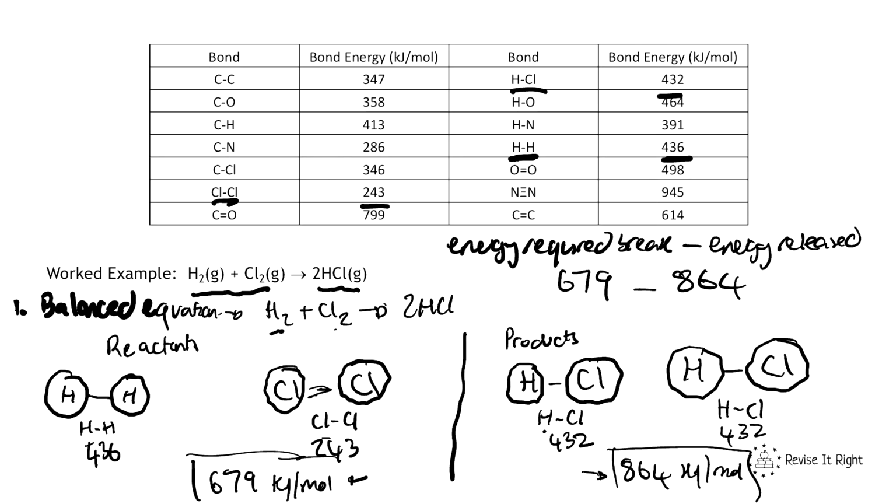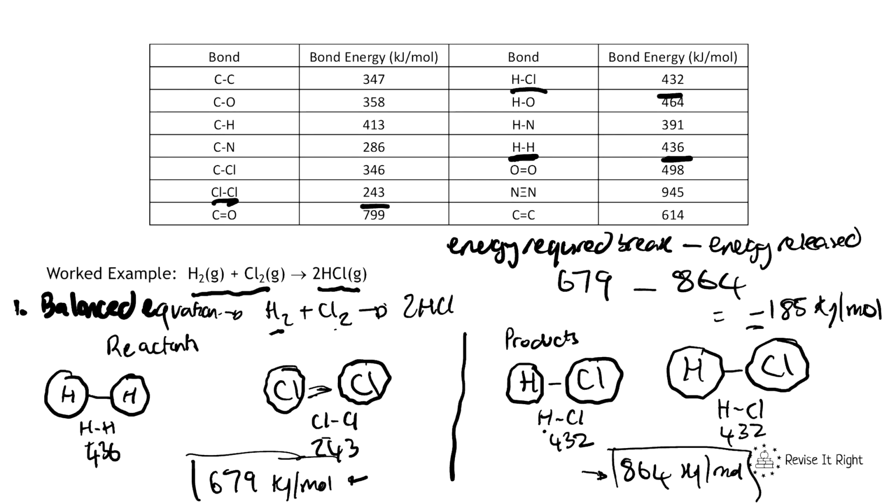So all you have to do is put that into a calculator, 679 minus 864, and you get minus 185 kilojoules per mole. Now what this minus number represents is that the reaction was therefore exothermic. Okay, more energy was released when forming the new bonds than needed to be supplied to break the initial bonds, and therefore the reaction was exothermic.